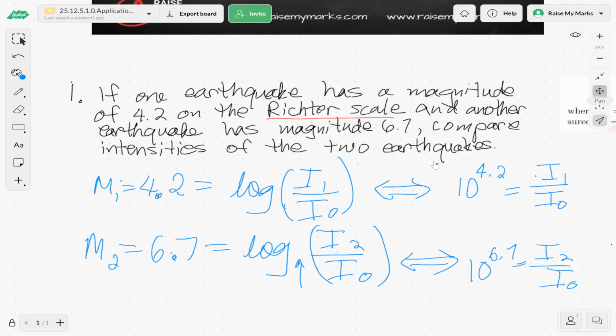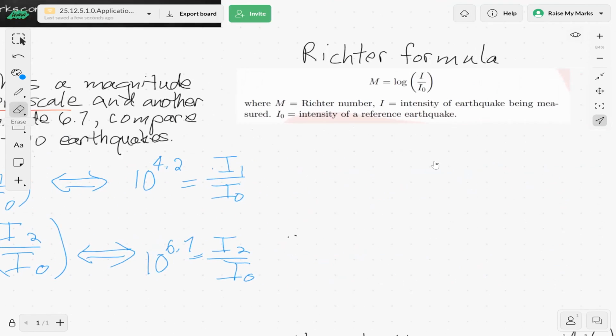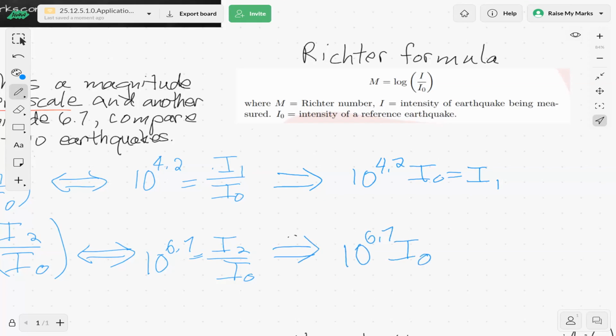Okay, let's scroll over to the right since we seem to be going in that direction. Okay, so we can solve for I1. So what we have is I1 actually equals 10 to the power 4.2 times I0, intensity of a reference earthquake. Similarly, for the second earthquake, we have 10 to the power 6.7 times I0 equals I2.